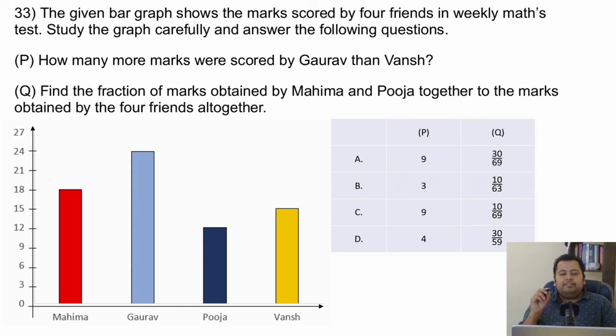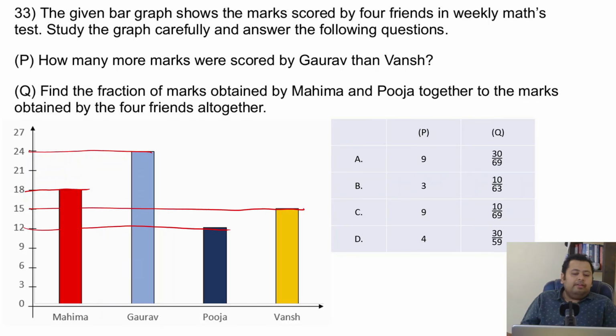Study the graph carefully and answer the following questions. You have to find out how much is scored by each of them, and then answer the specific questions on P and Q. Just find this out and then we'll look at the solution.